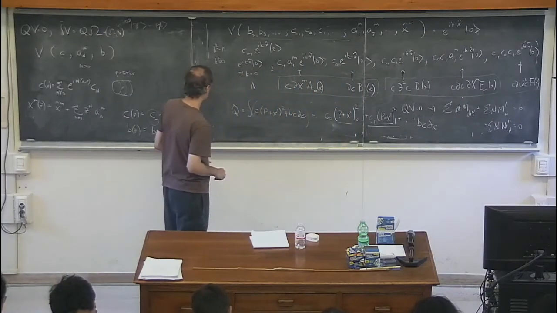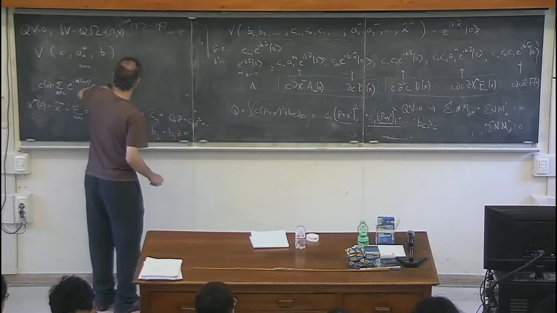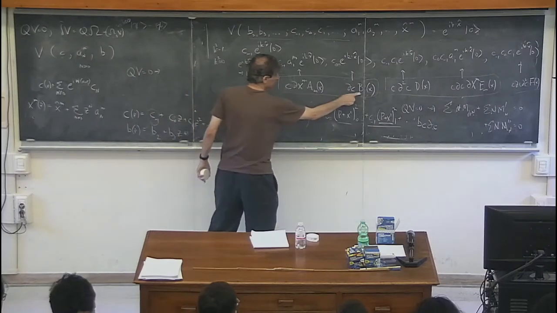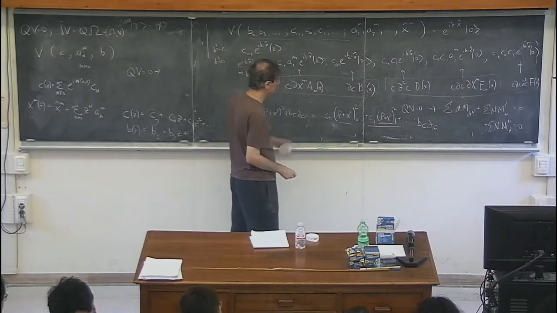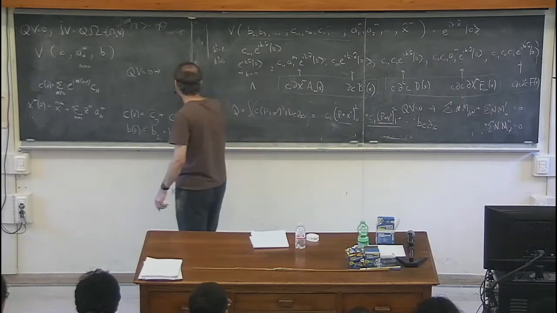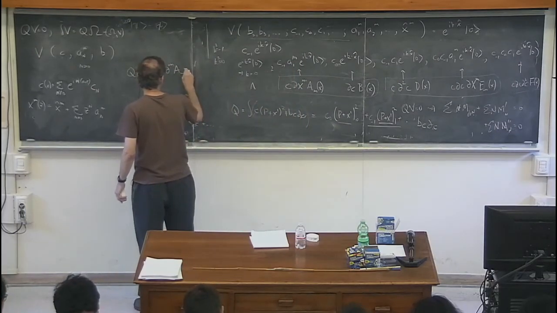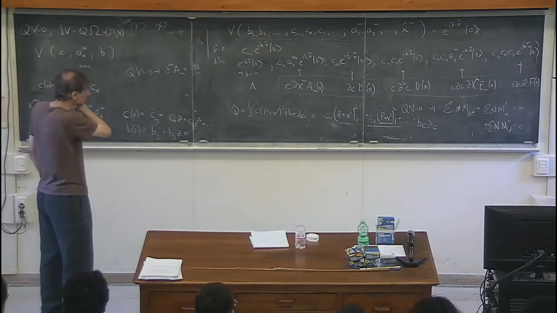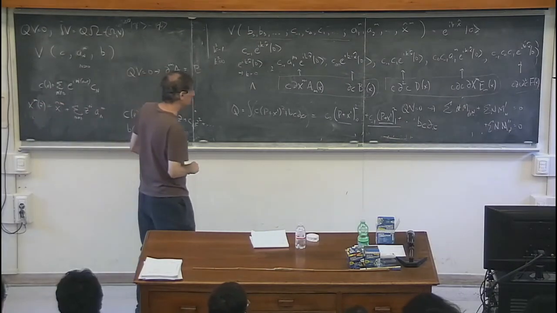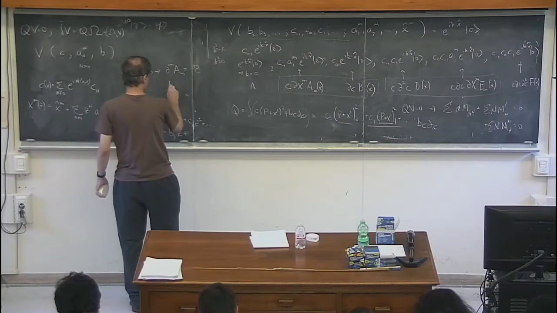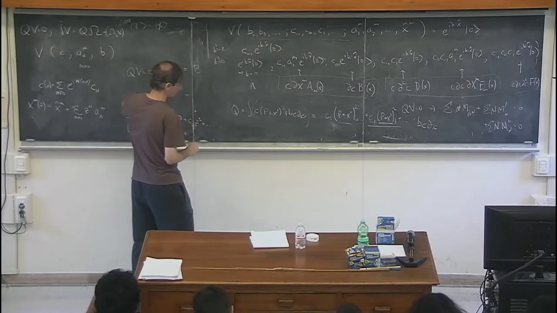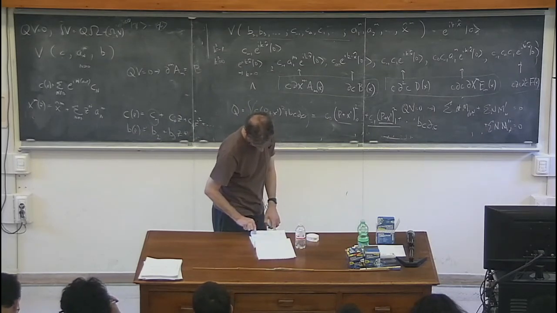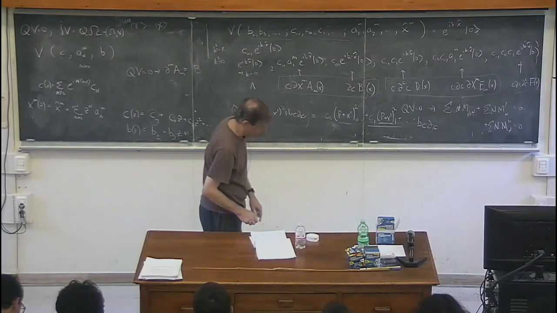So what we find is that QV equals 0 implies a relation between these. So it implies that they both satisfy box equals 0, but it also implies that dm am is equal to b. And furthermore, it implies box am.